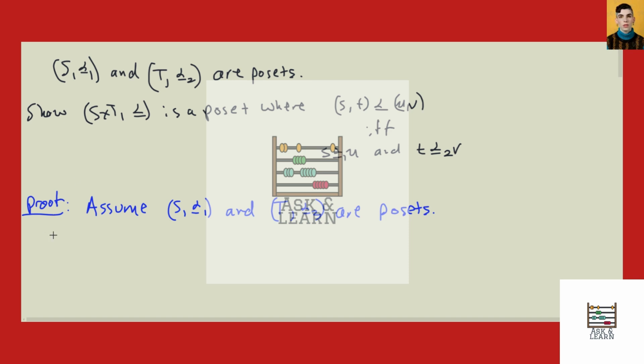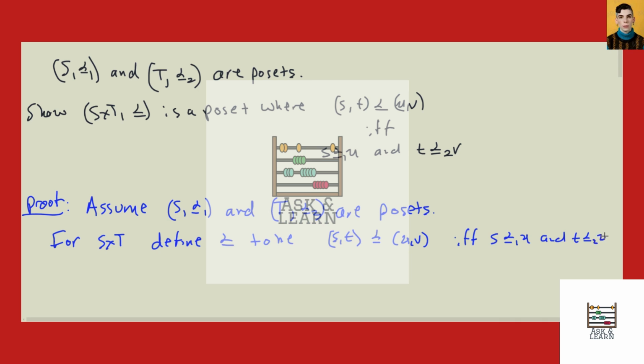Now, for S cross T, we will define our ordering here to be (s, t) less than or equal to (u, v) if and only if s with the first ordering is less than or equal to u, and t with the second ordering is less than or equal to v.